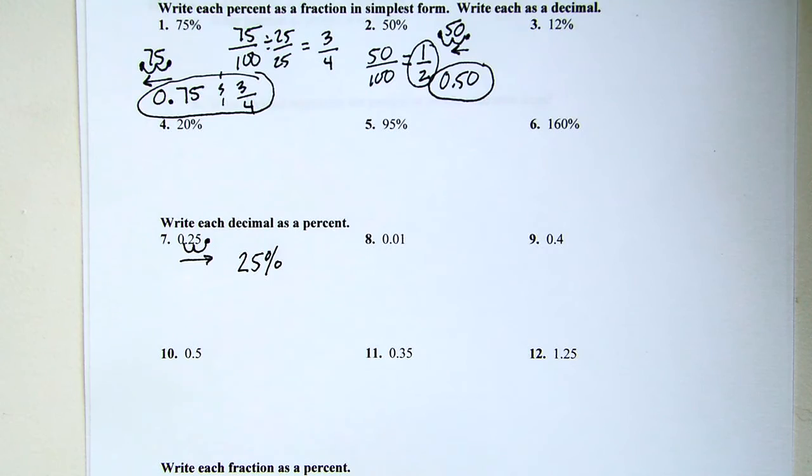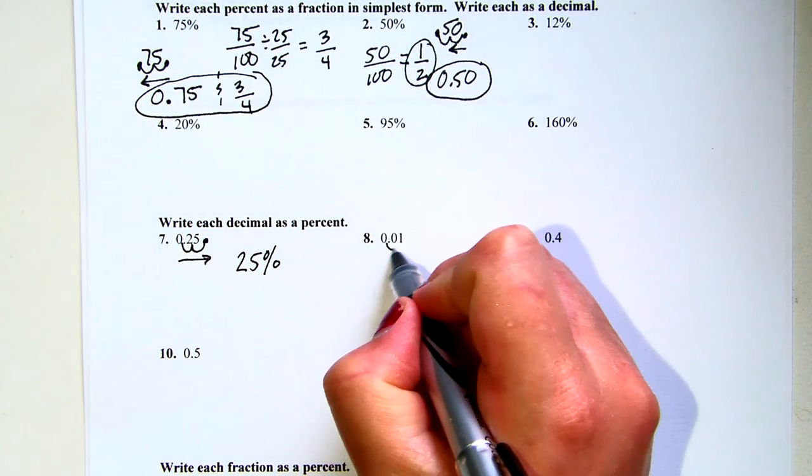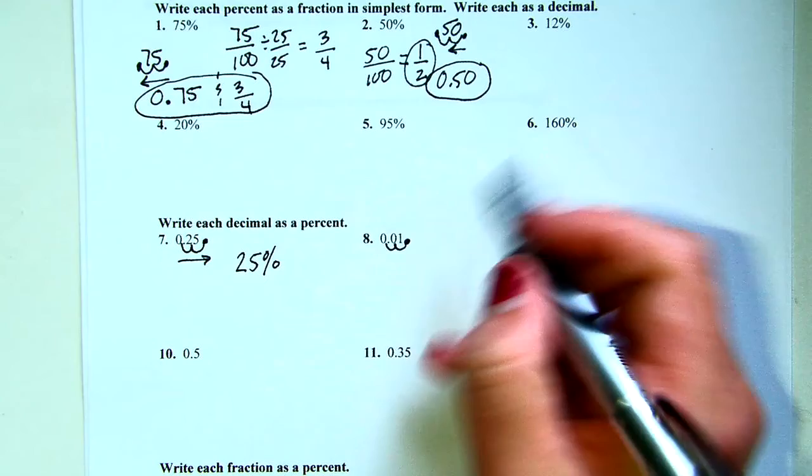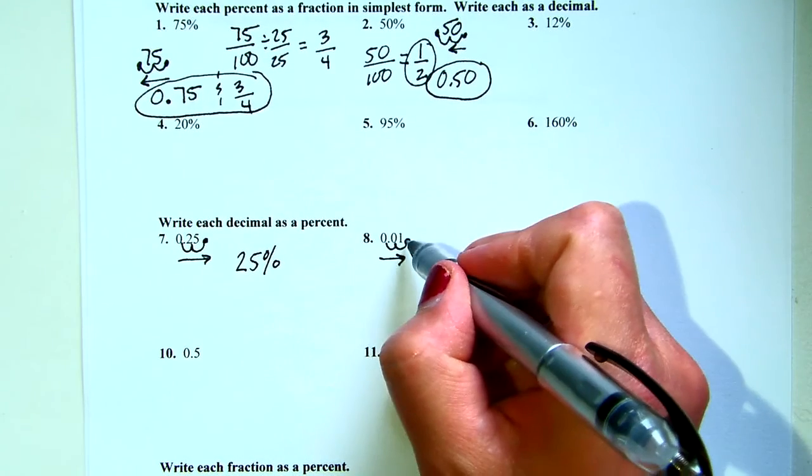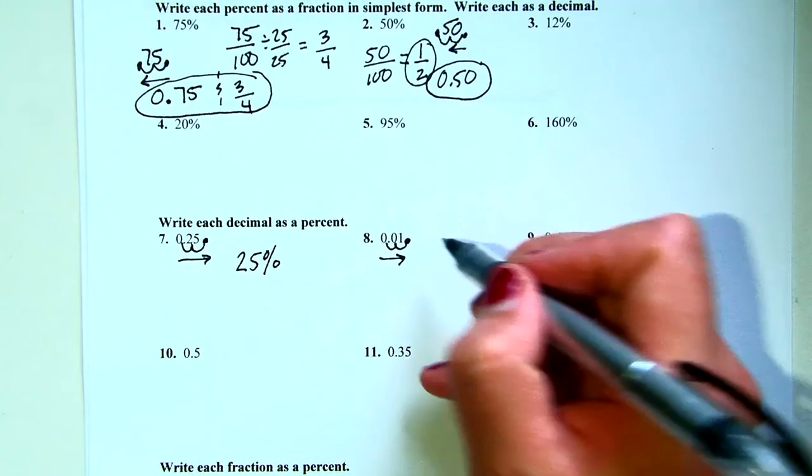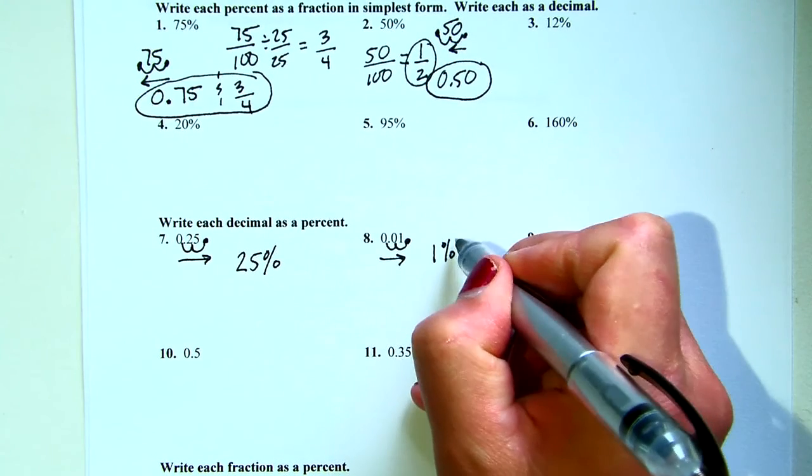Now, for number 8, we have 0.01. I'm going to move my decimal 2 places to the right. When I do that, my decimal is after the 1. So I simply have 1% as my answer.